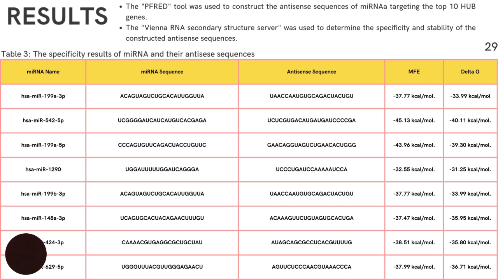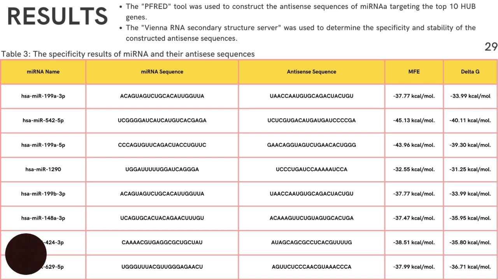As a rule of thumb, according to the tool's manual, if the values are lesser than or closer to minus 37 kilocalories per mole, the two sequences are very specific to each other. Delta G essentially determines its stability with each other.